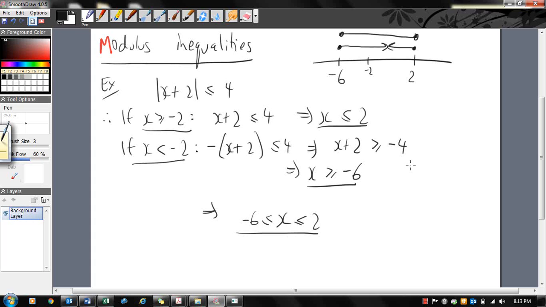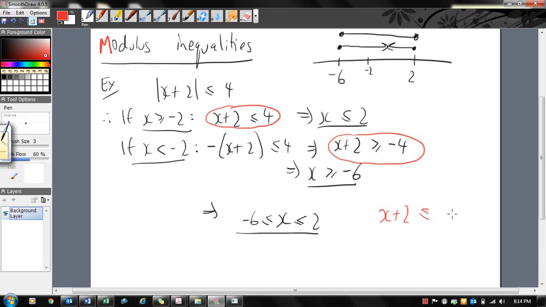Okay, so that's not tricky, but an annoying way to do it, because there's a couple of easier ways. What you'll notice is that we ended up with this and this. And in actual fact, that's a quick way to do this. You'll see that x plus 2 is either positive or negative, and so we can do similarly to what we did with equations.